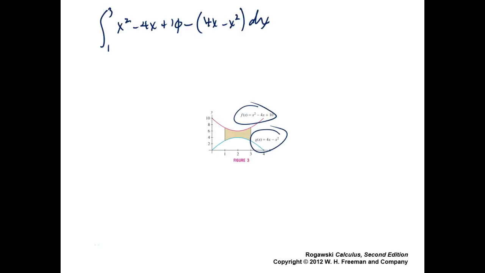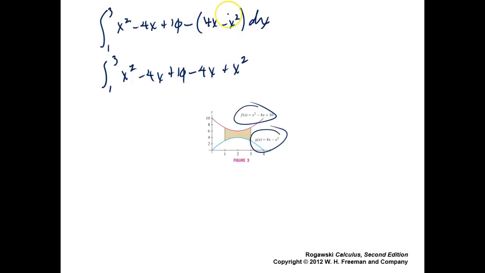Now, the reason I suggest that you do this is to keep from making a sign error. And those are so easy to make. From 1 to 3, I'll do it in gory detail. X squared minus 4x plus 10 minus 4x plus x squared. See that?